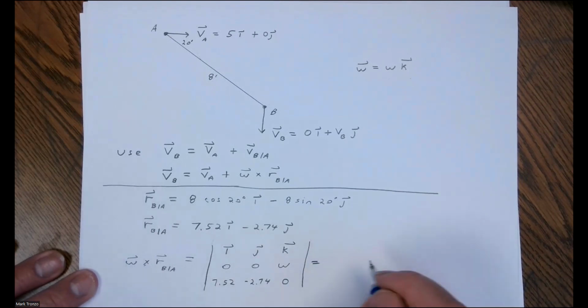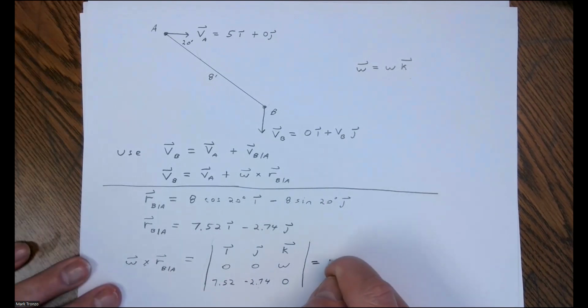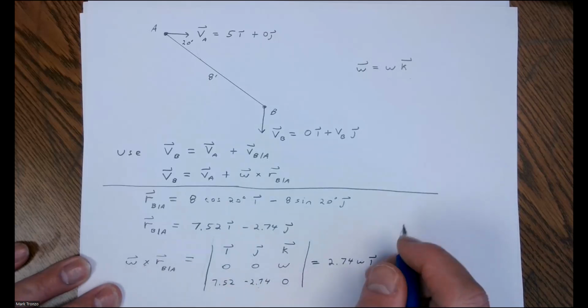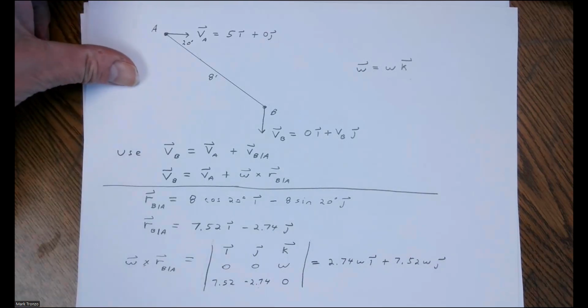For I, that's the negative of a negative 2.74, so 2.74 omega I. And for J, the J position is negative, so it'll be positive, 7.52 omega J.